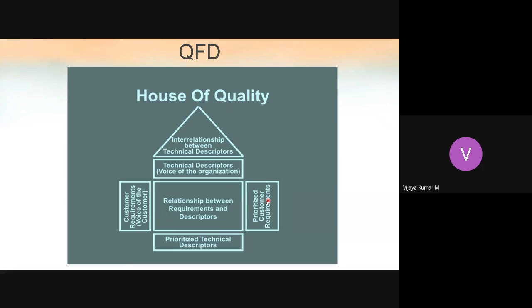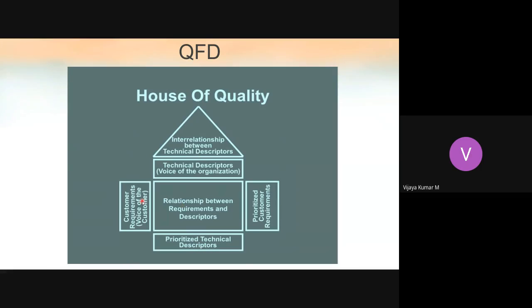After that, at the bottom base, you have to find the prioritized technical descriptors. Just as you prioritize the customer requirements in the right hand column, you prioritize the technical descriptors at the base.